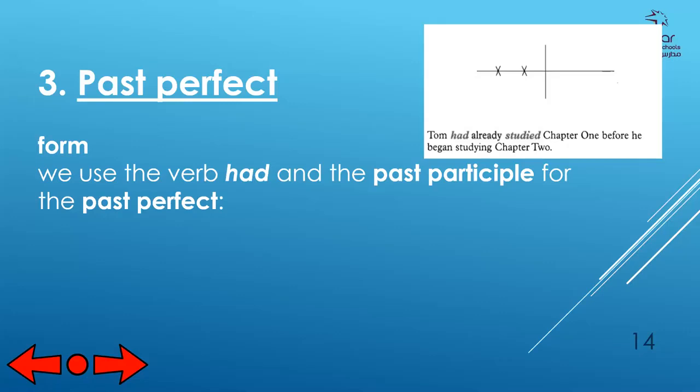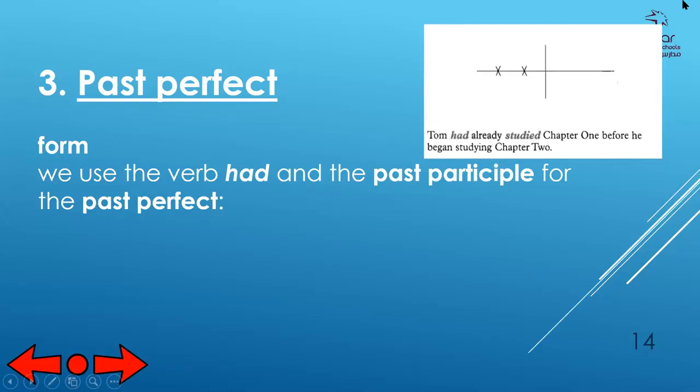Okay. Now, the past perfect. Now, if you have, look, two actions that happened in the past, we use the past perfect. But how? When one of these actions starts before another one in the past.